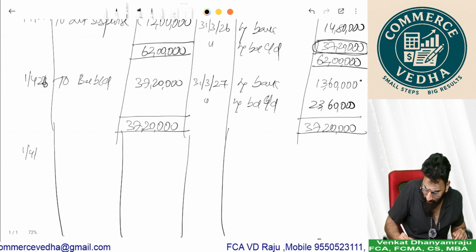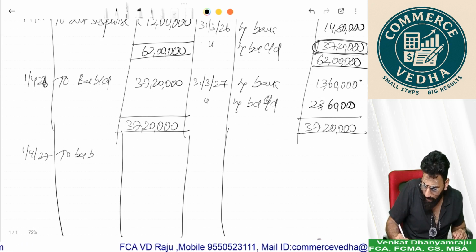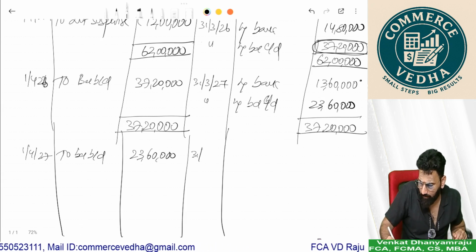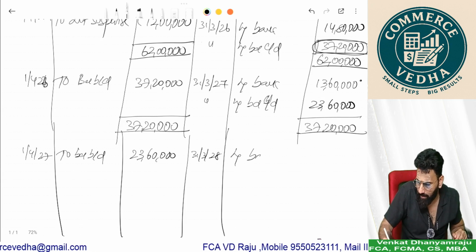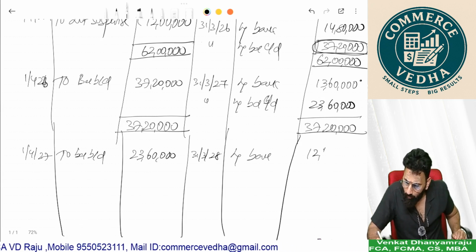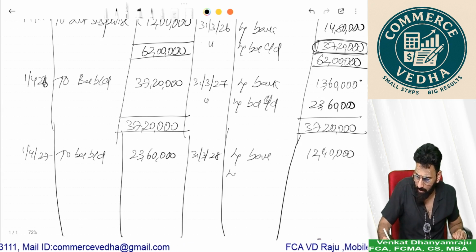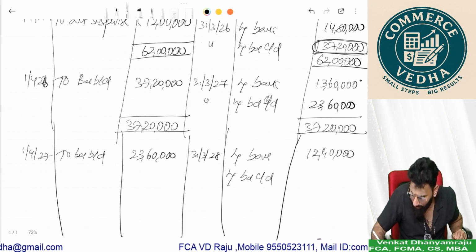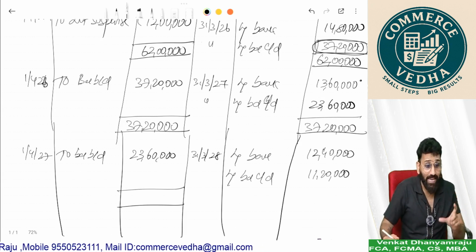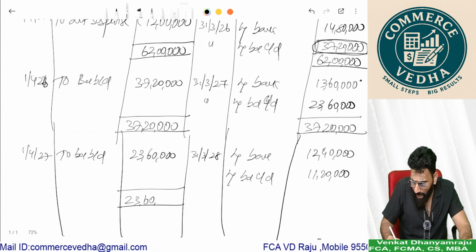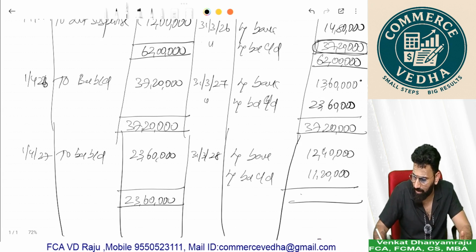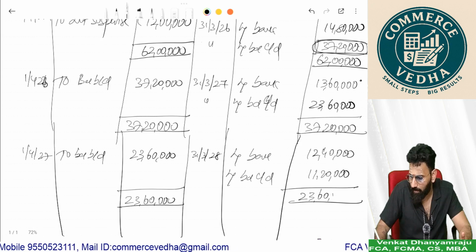Now 1427 to balance brought down 2360 on 31/3/28 by bank 12 lakh 40,000 and by balance carried down is 11 lakhs 20,000, which includes 10 lakhs principal and 1,20,000 interest for the last installment.